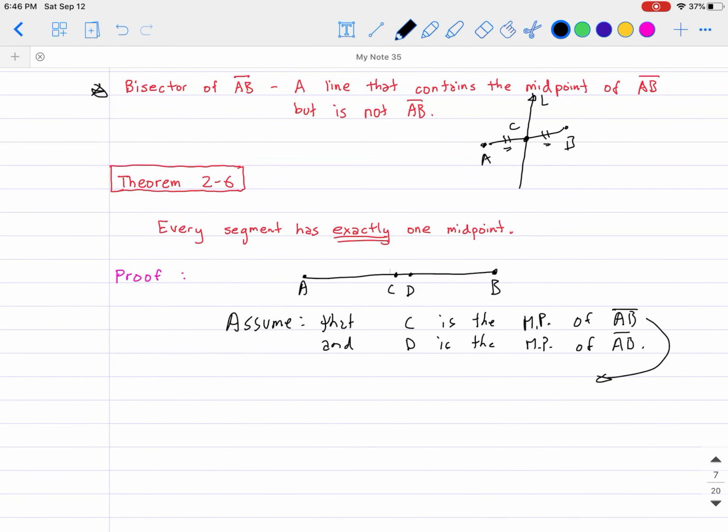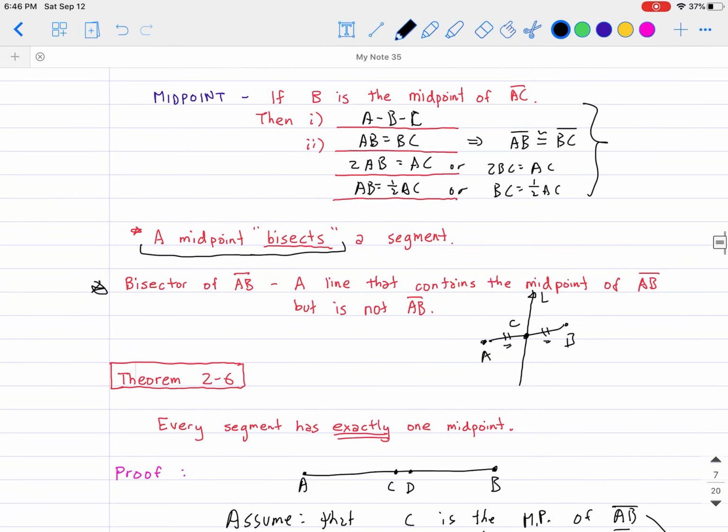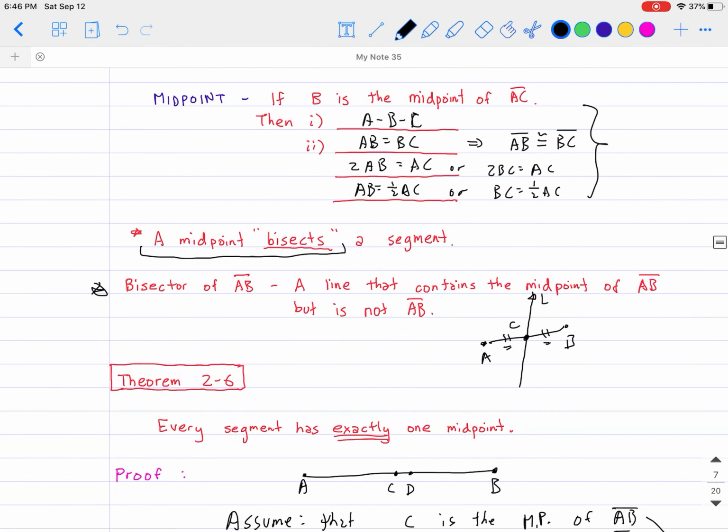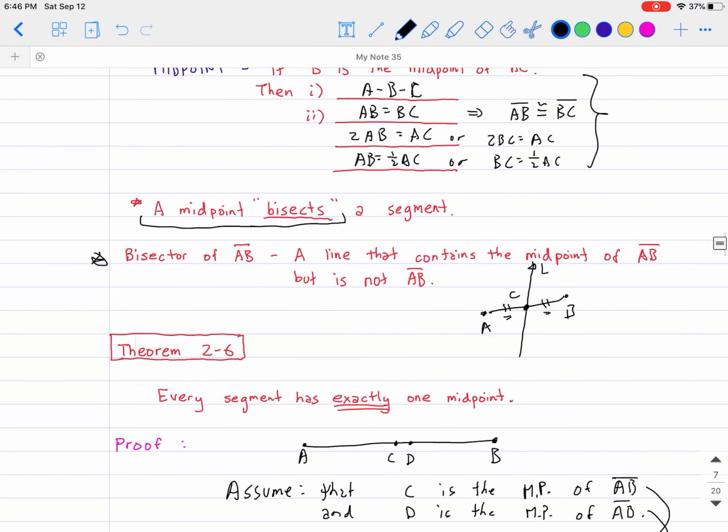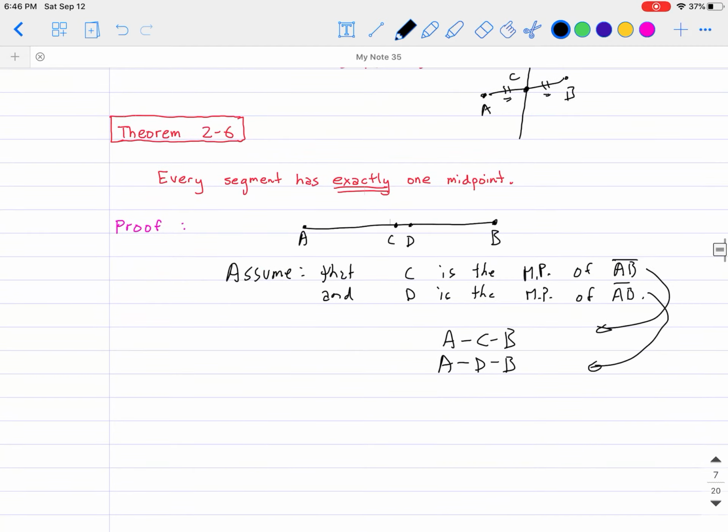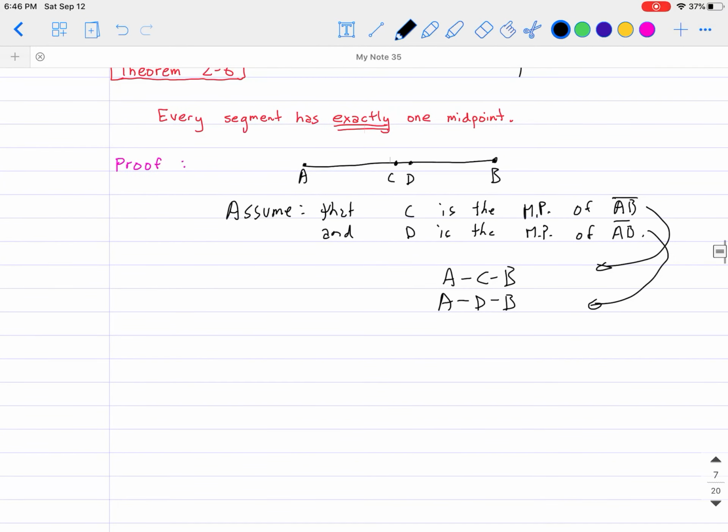One thing I can do is extract it over here and say that since C is the midpoint, then I know that C is in between A and B. And for this one, I can say that D is in between A and B. Not much to play with. But if I take the second part of it, then I have something to actually play with.